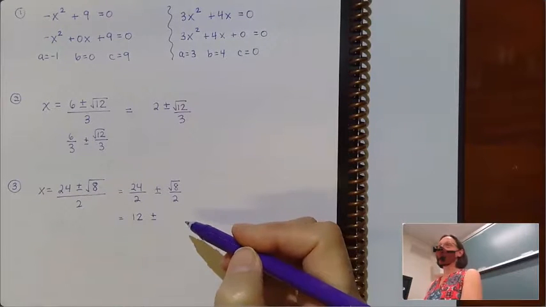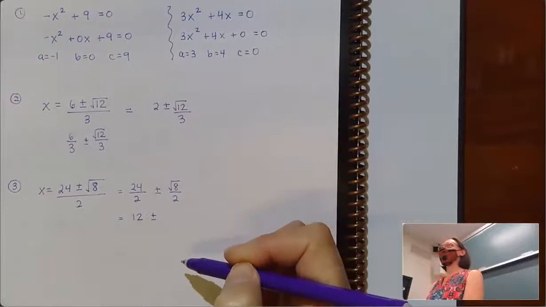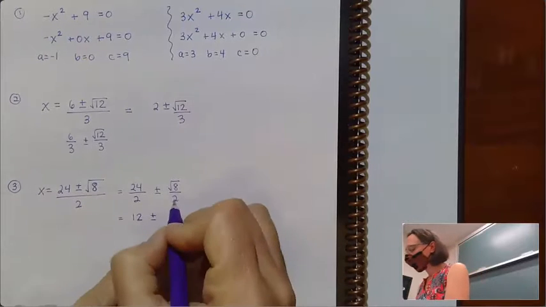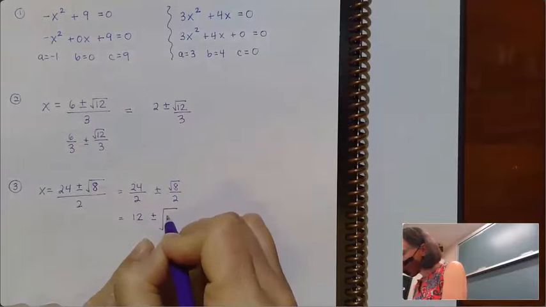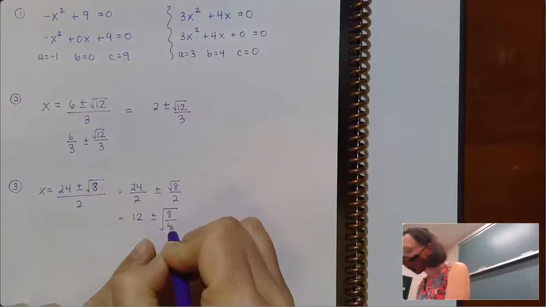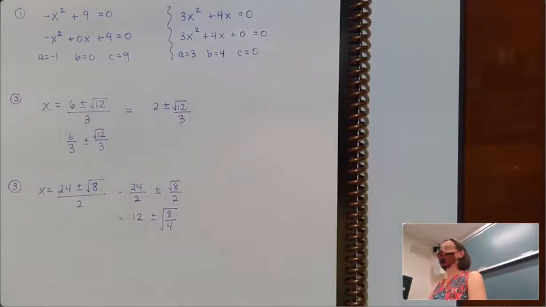But the sneaky thing that the book sometimes does when it's writing an answer is to take that 2 and stick it back inside of the square root as a 4. Now, if you're asking yourself, why would I do that?